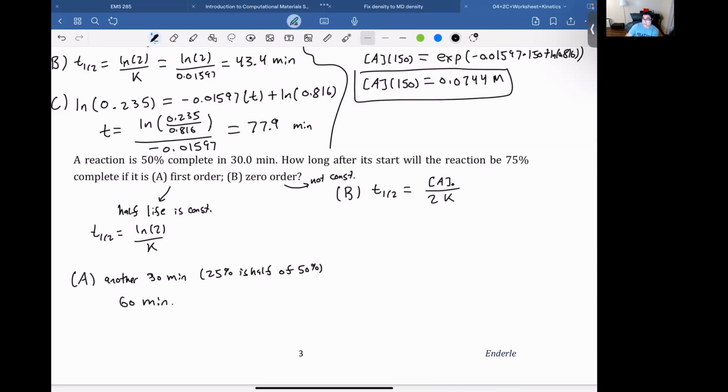But we have this where k is a constant, but this is the concentration at the beginning of the interval. So why does this matter, right? So for the first half, t of 1/2 is equal to whatever the initial concentration is divided by 2k, right?